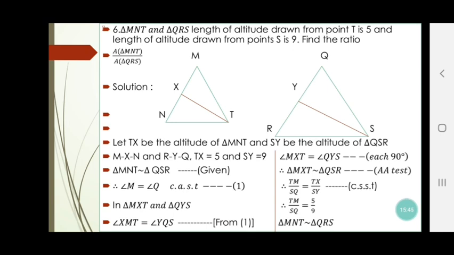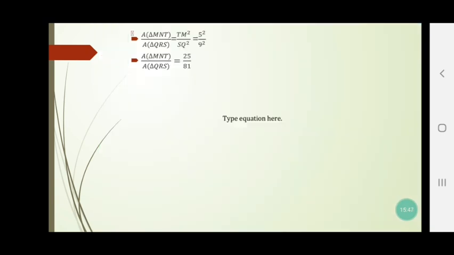Okay. So area of triangle MNT upon area of triangle QRS is equal to TM square upon SQ square, that is equal to 5 square upon 9 square. When we square the numbers, the answer, that is area of triangle MNT upon area of triangle QRS, is equal to 25 upon 81.